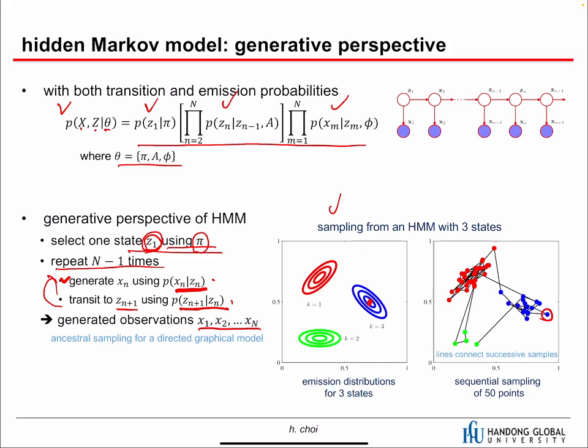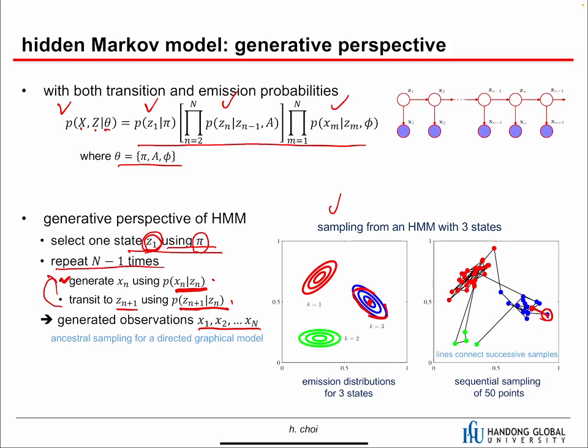Then we have to transit to the next time step, and based on the transition probability, let's say we don't change the state, which means in time 2 we are still at state 3, and from this Gaussian distribution we generate one more sample. Let's say we generated this one.